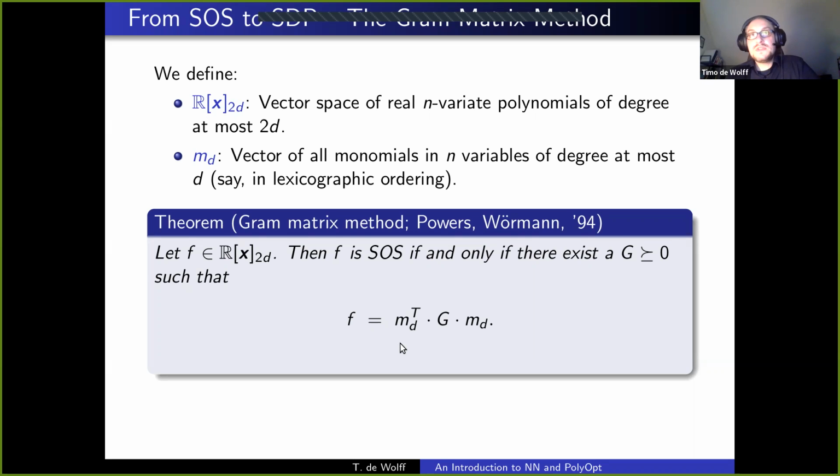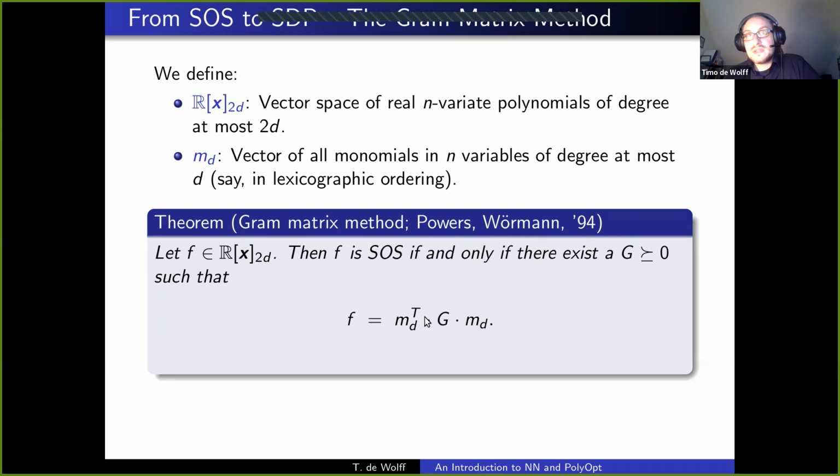Okay, first convince yourself. So this is a symmetric matrix. It has this positive semi-definite condition. Forget about this for a second. This is a matrix, so it contains numbers in there, right? And this is a vector where every entry contains a monomial. So I'm multiplying monomials from the left and from the right. And every monomial here has total degree at most D. And so the same is true here.